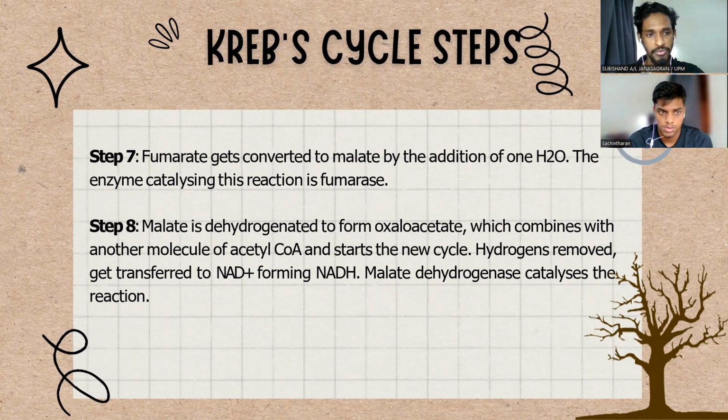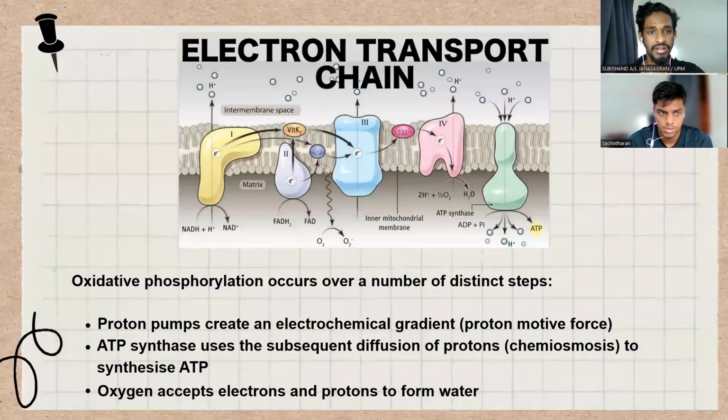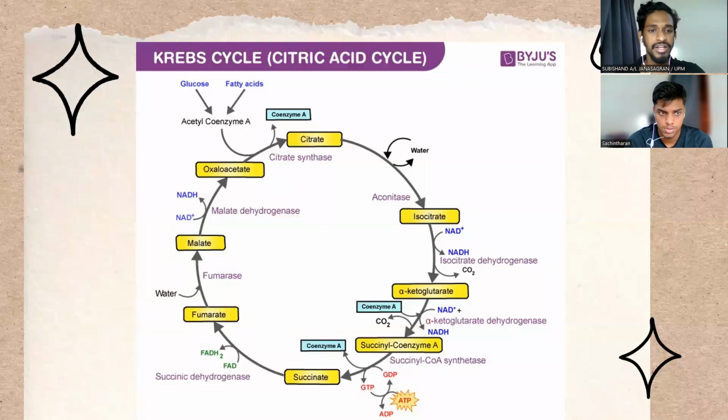So hydrogen is being removed and transferred to NAD plus, forming NADH. So malate dehydrogenase catalyzes the reaction. So here you can see that the fumarate is converted into malate by using the fumarase enzyme, and the malate is further converted into oxaloacetate by using the malate dehydrogenase enzyme, where NAD plus is converted to NADH.